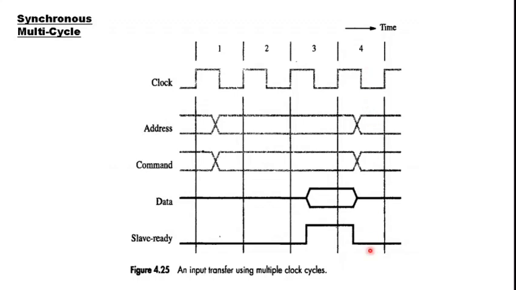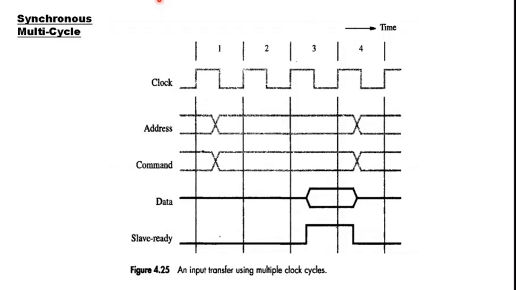Okay, so here again there is a timing sequence. That is, the first clock cycle always is for the master, who generates the address and control information for the slave. Then the clock cycle in which slave ready is available. Okay, the clock cycle immediately after that, that is the fourth clock cycle, is again fixed for the master to save or store the data from the slave.